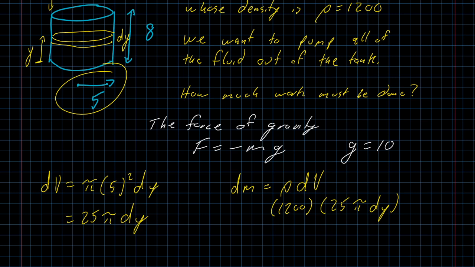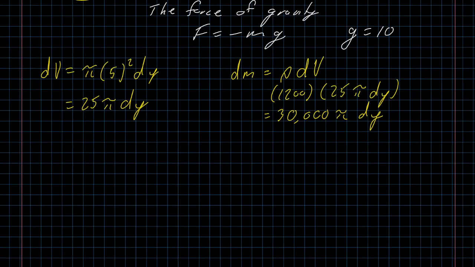So that's going to come out at what seems to be a really large number, 30,000 pi dy. But it's just a 3 followed by a bunch of zeros, which means it's still pretty easy to do math on. All right, so that's the mass of that little bit.